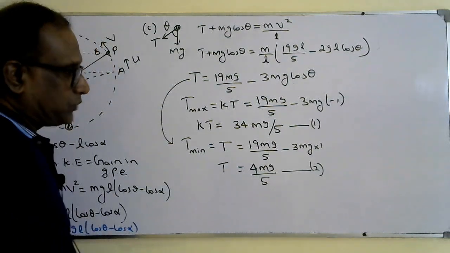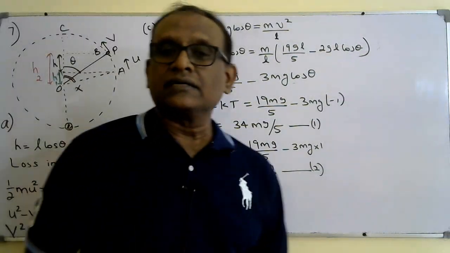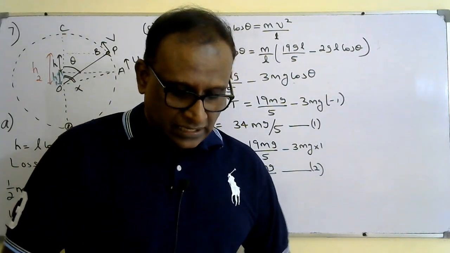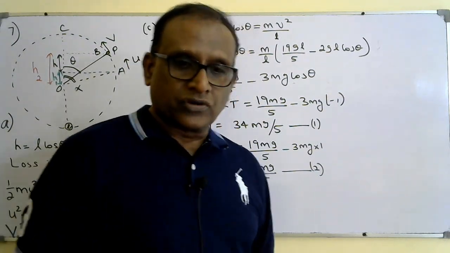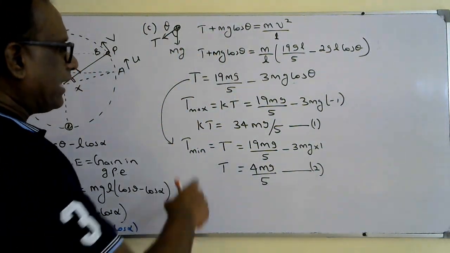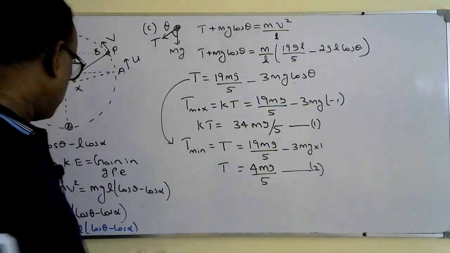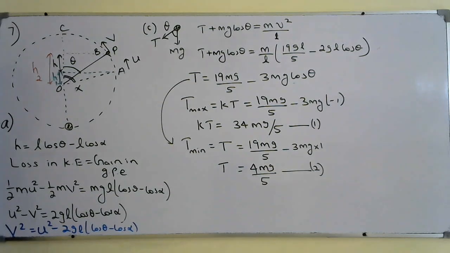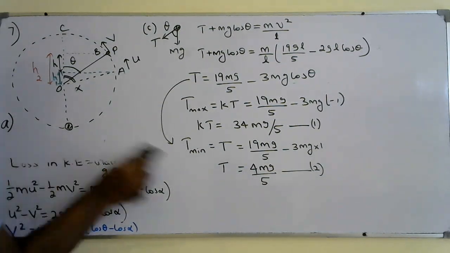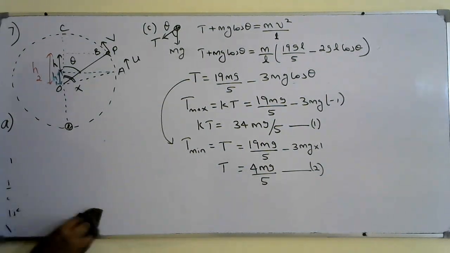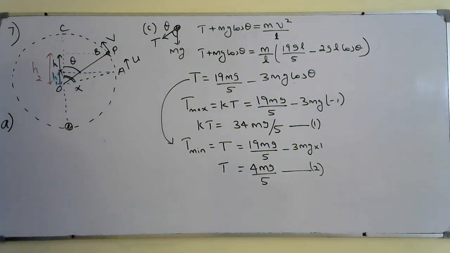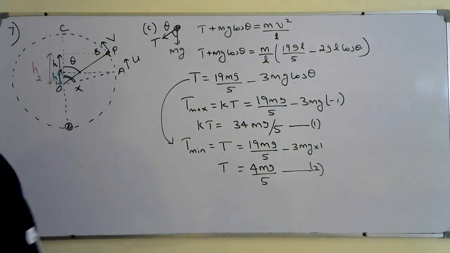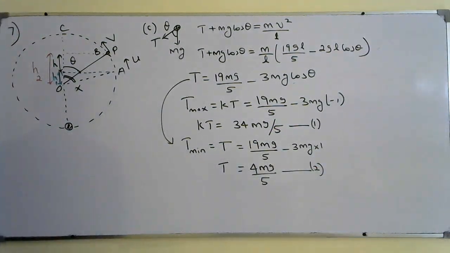Okay, so we have two equations that relate maximum and minimum tensions. Now we can continue. For that we can divide equation 1 by equation 2.